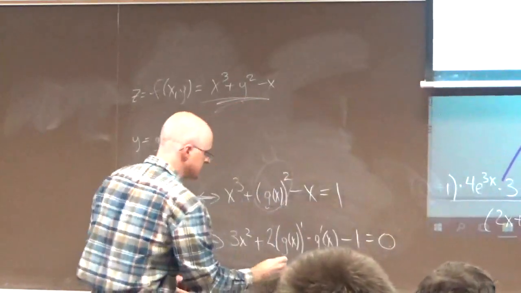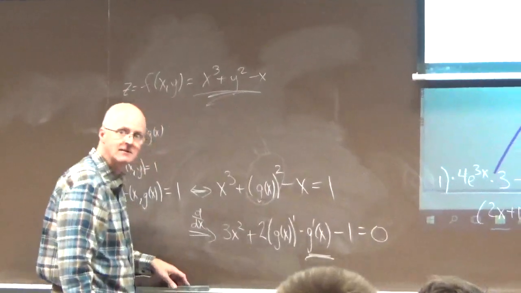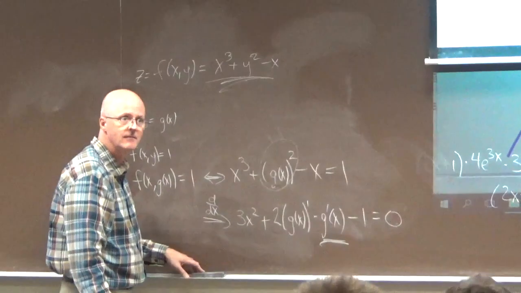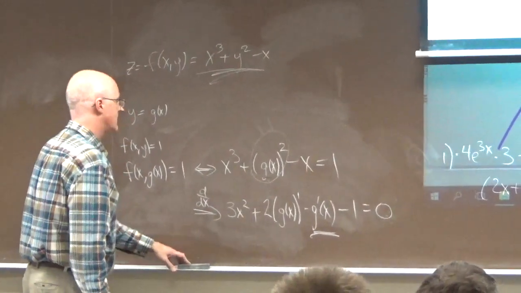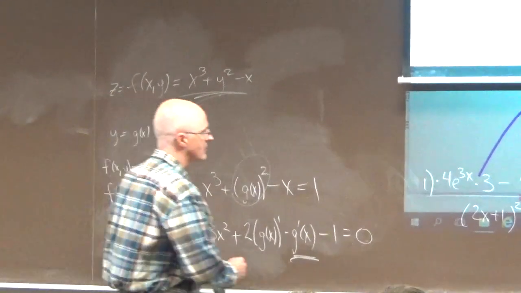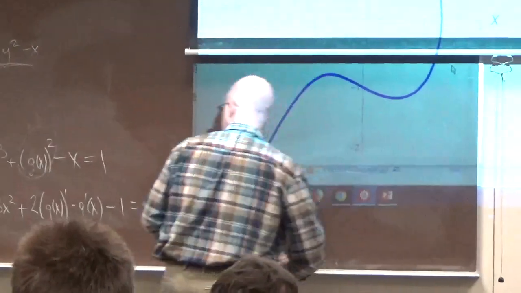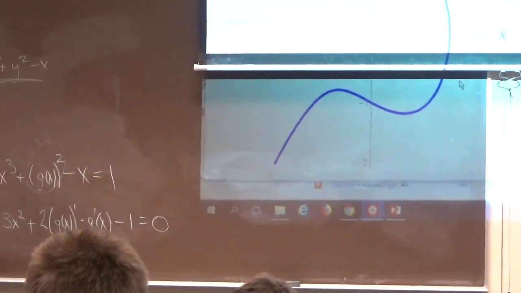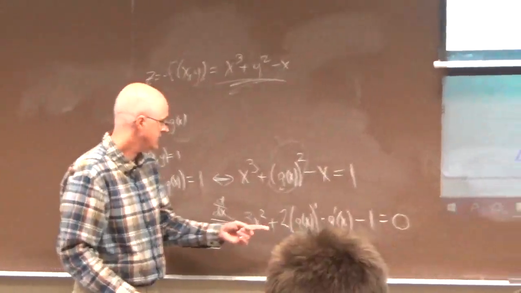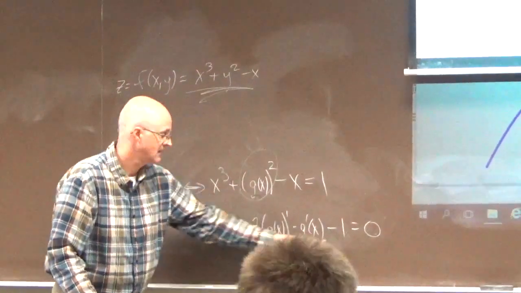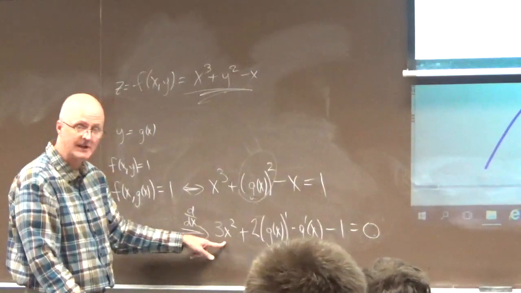Solve this equation now for g prime. Solve for that. Hang with me here. It's really important. So I need to isolate g prime on one side by itself. I should add 1 to both sides. I should subtract 3x squared from both sides.